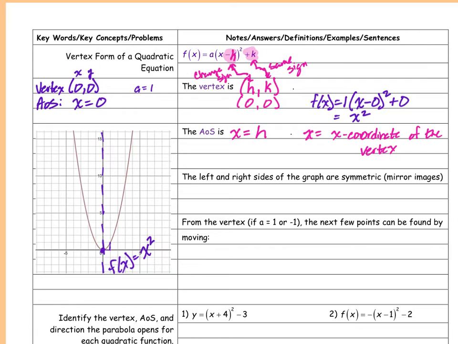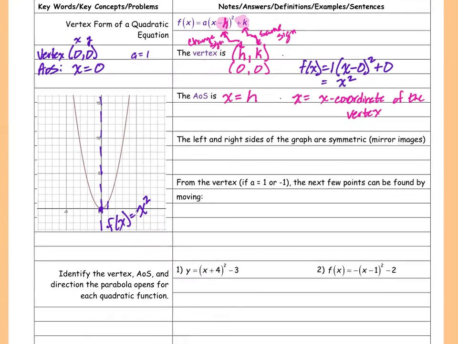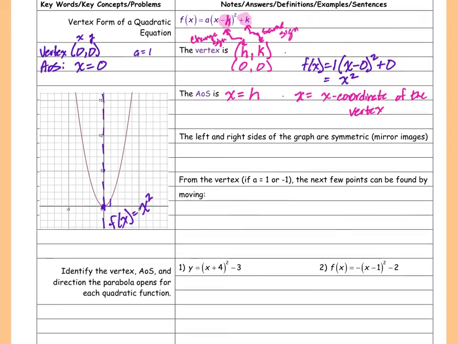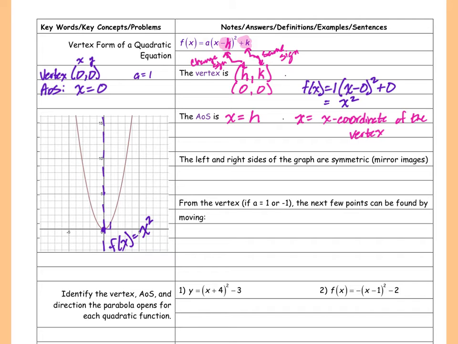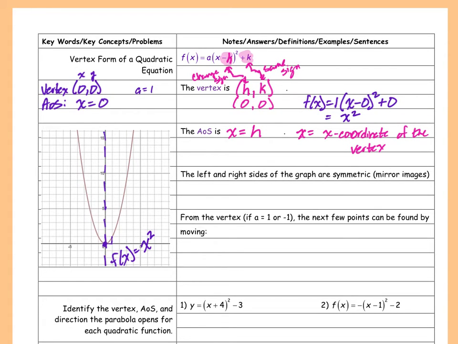And then from the vertex, if A is 1 or negative 1, the next few points can be found by, how do I want to put this? What I did to get to that point, I moved right 1, up 1.